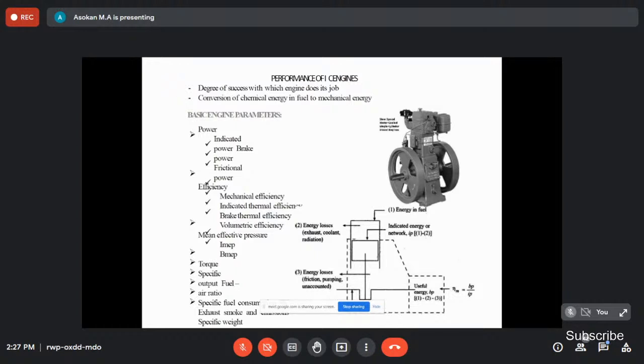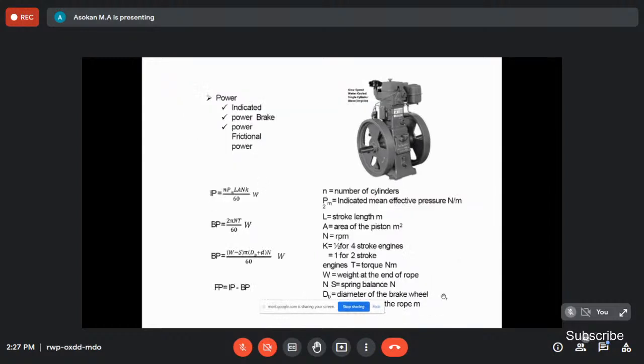That is called the brake power. What is the power available at the shaft? Mechanical efficiency is the brake power to the indicated power. We can measure the brake power and indicated power by various formulas.